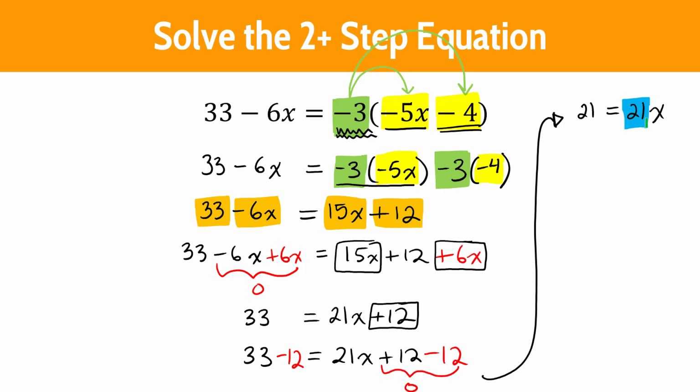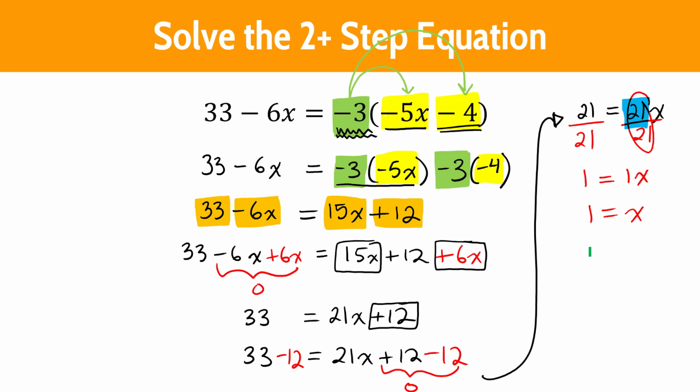To move our factor of 21 times x, the opposite we'll be doing is division. So we'll do 21 divided by 21, which is 1. 21 divided by 21 again is 1x. So we found out that x has a value of 1.